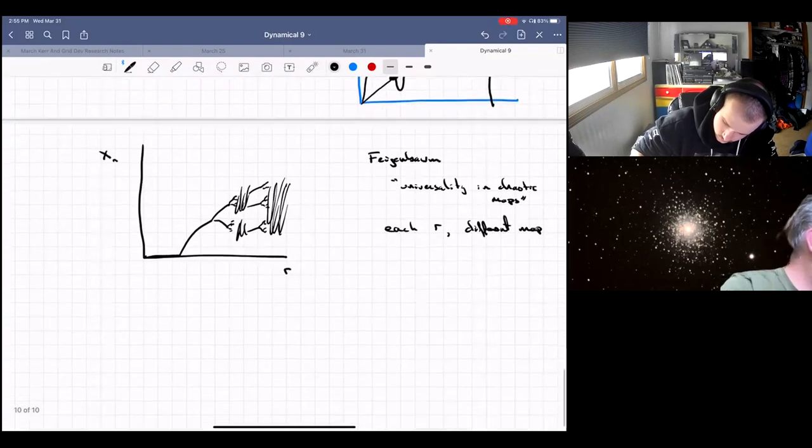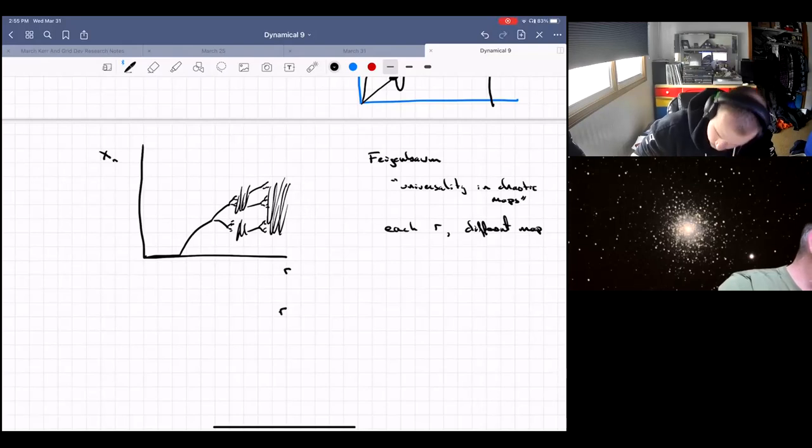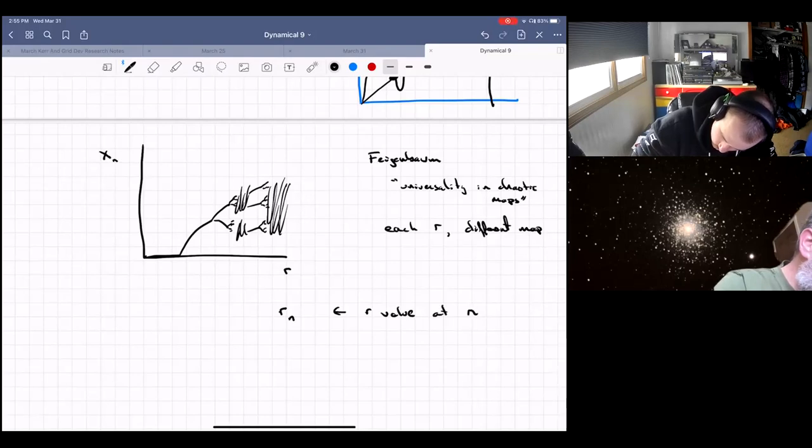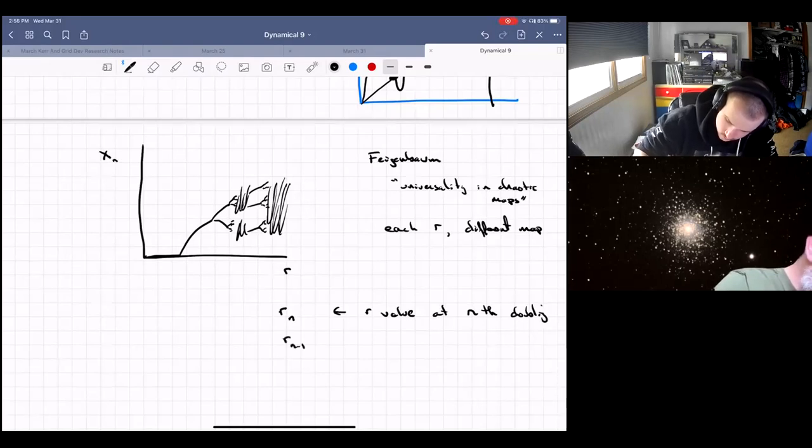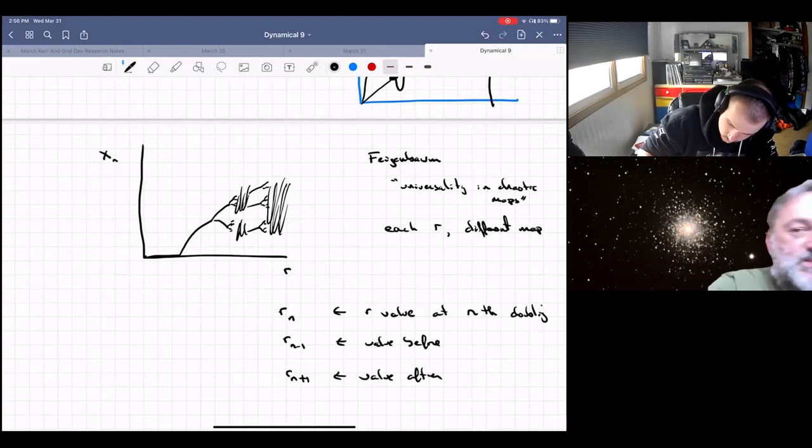And what you do is you define Rn to be the R value at the nth doubling, Rn minus 1, the value before, and plus 1, the value after. So this is the first R value.